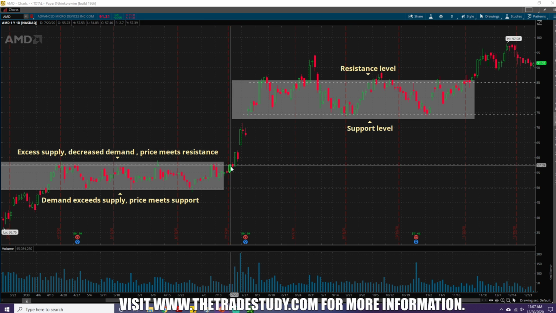As you can see, old resistance became support, and here we are days later into a new price range where we have a new supply level or resistance level with a new support and new demand level.